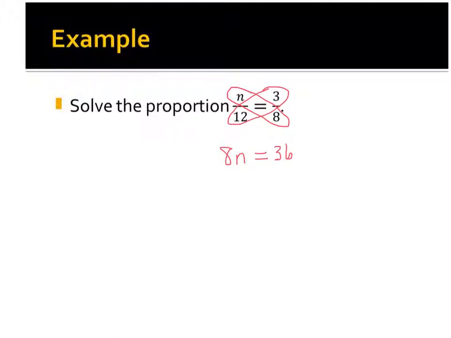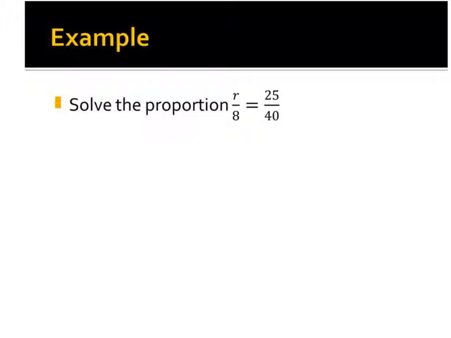Then we solve for n. Divide both sides by 8, and n equals 9/2. I'm a little more lenient on decimals during proportions, but if we can work with fractions, I think that's always the best.